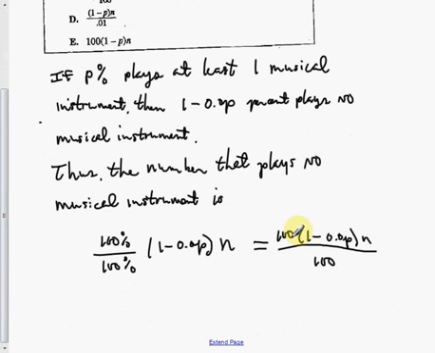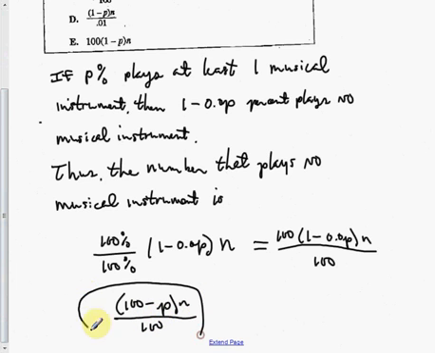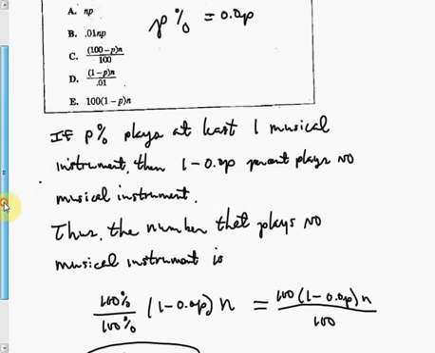Multiply 100, distribute that through the parentheses, and that gives you 100 minus, what's 100 times 0.0p? Move the decimal place over 2 places to the right. That just gives me p, times n all over 100. That's C.